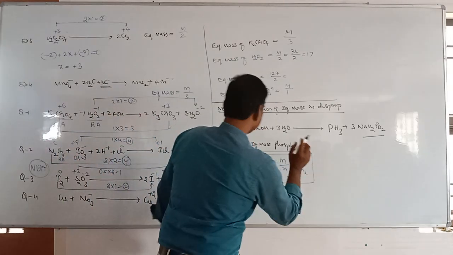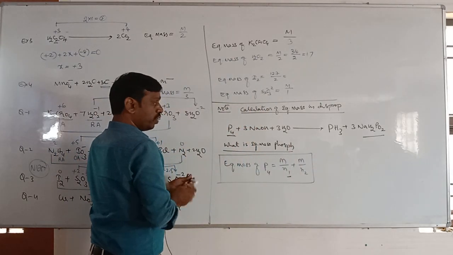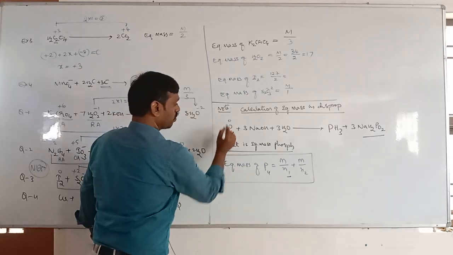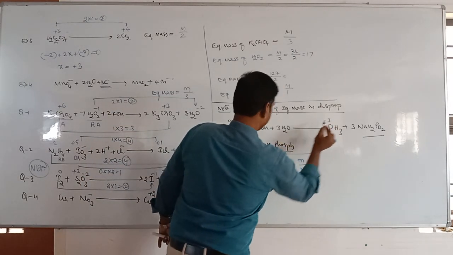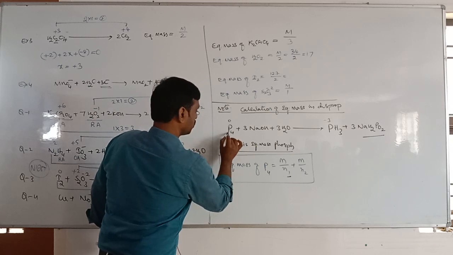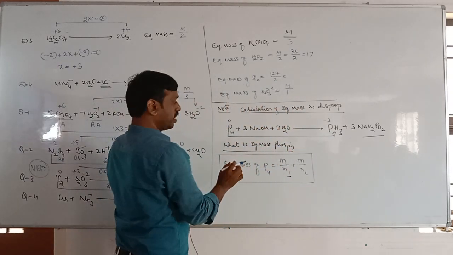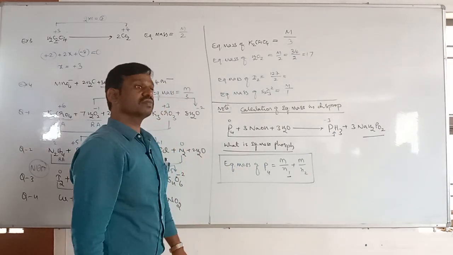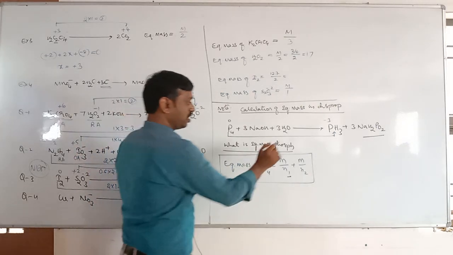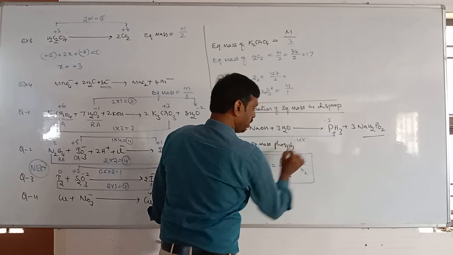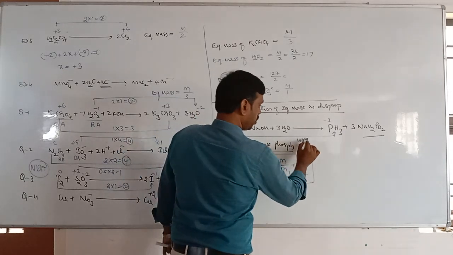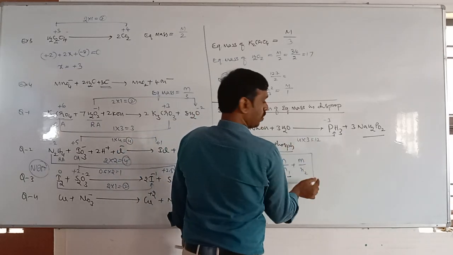Now let's see the change in oxidation state. Phosphorus goes from 0 to minus 3. What is the change in OS? There are 4 phosphorus atoms, 4 into 3 equals 12.